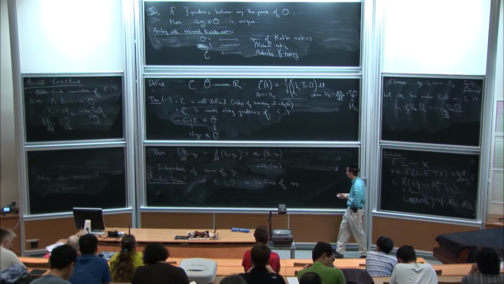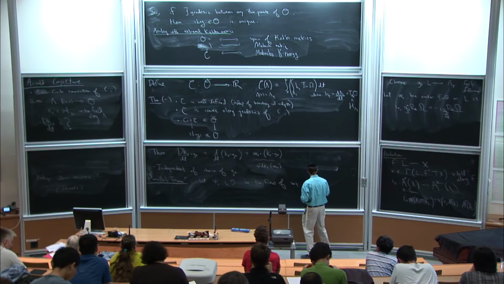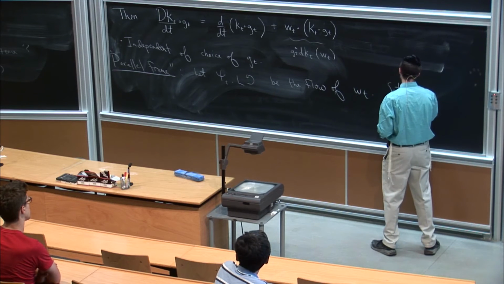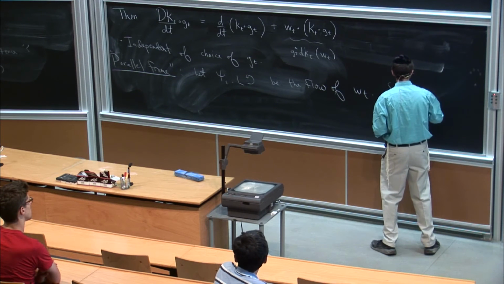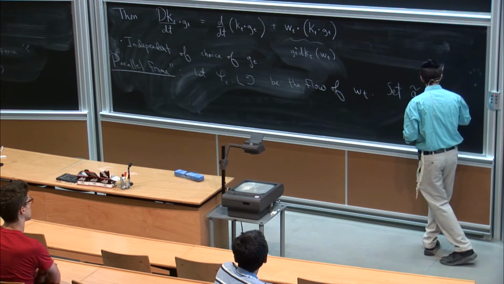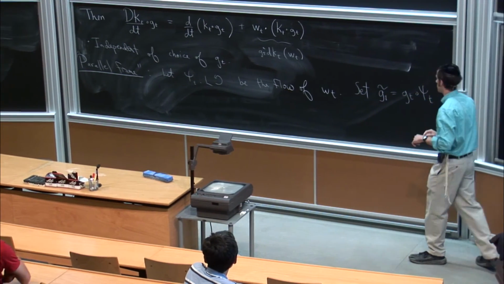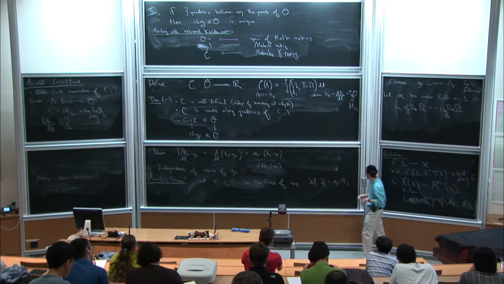Then we can just take g_t and precompose with psi_t, and that gives me g_t tilde.